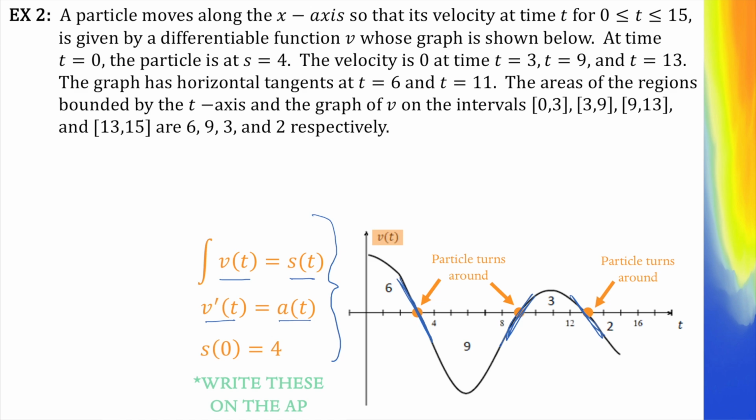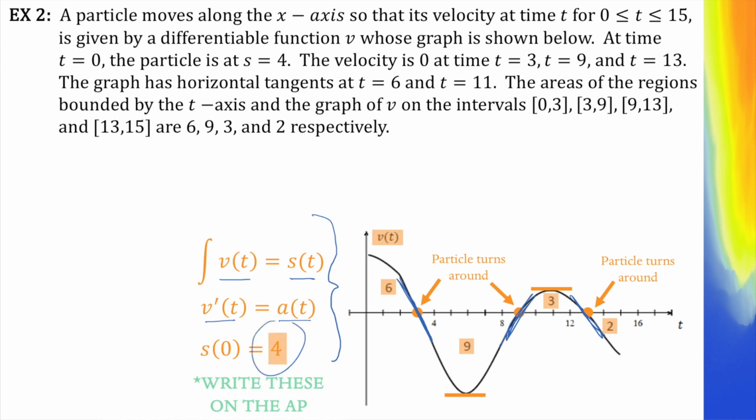The graph has horizontal tangents at t equals 6 and t equals 11, and the areas of the regions bounded by the t-axis and the graph are as follows: 6, 9, 3, and 2. Lots going on there.